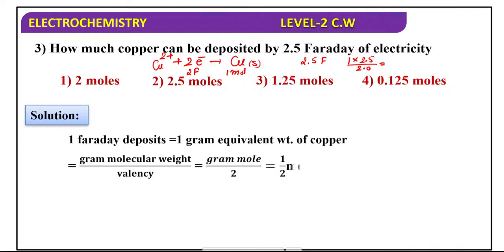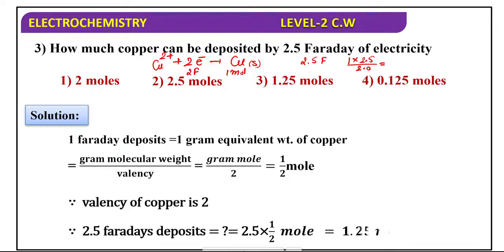So 1 Faraday deposits 1 gram equivalent of copper. And what is 1 gram equivalent? That is gram molecular weight over valency. So half mole, since valency of copper is actually 2. So 2.5 Faraday deposits 1.25 mole.